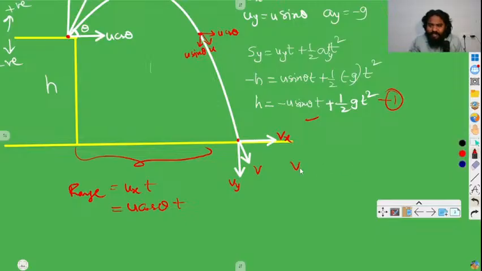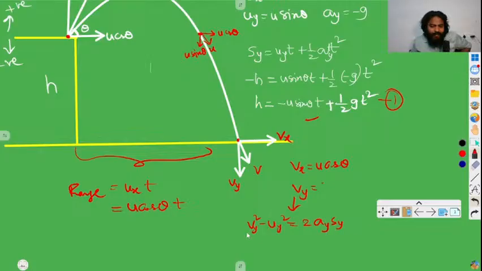That is why vx is always u cos theta. What about vy? As usual, you have to use v is equal to u plus at if you know the time. If you don't know the time, you simply use vy square minus uy square is equal to 2 ay sy.